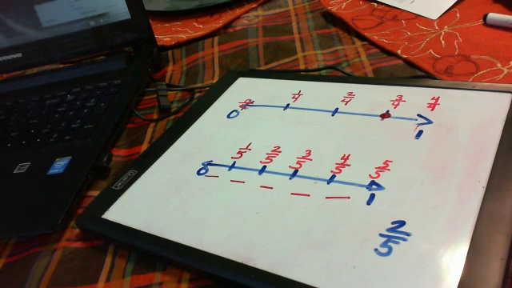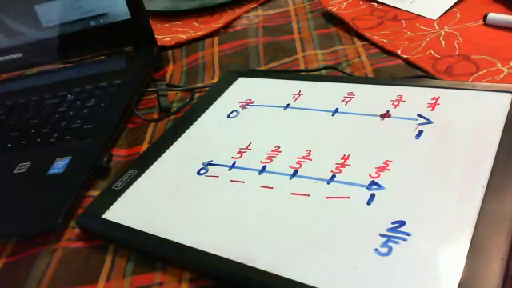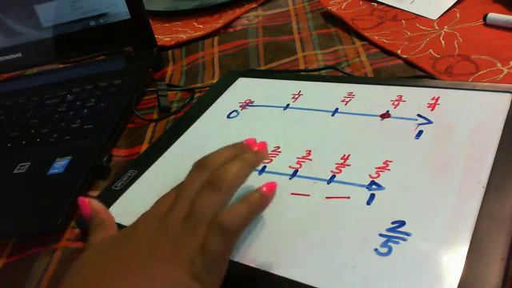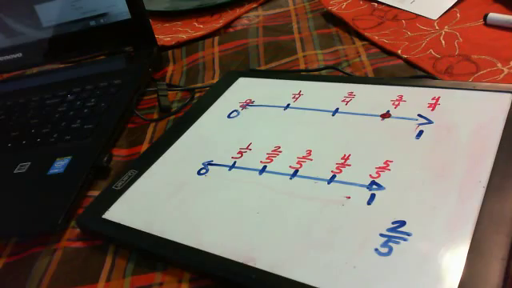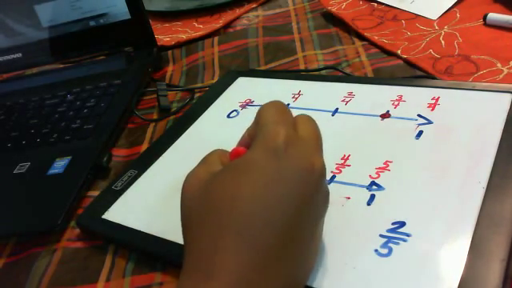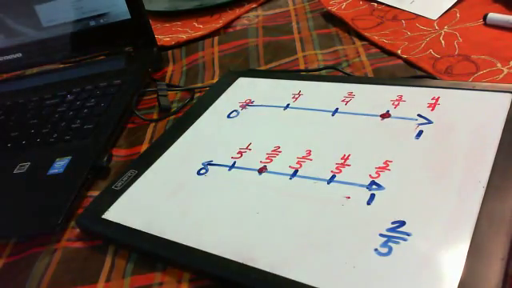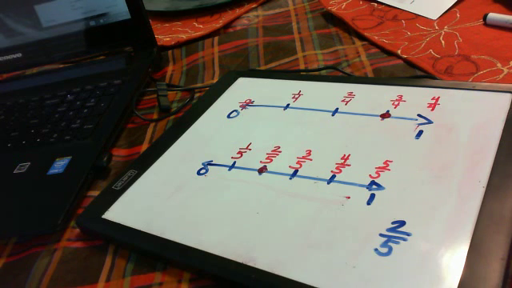So now we have to graph our point. And our point says that it is 2/5. So if we're looking at our number line, we need to find 2/5. Well, 2/5 is right here. And let me grab my red marker. Remember when we mark 2/5, we're going to do a red line, and it's going to be right there. So that's how we're plotting lines with fractions on a number line.